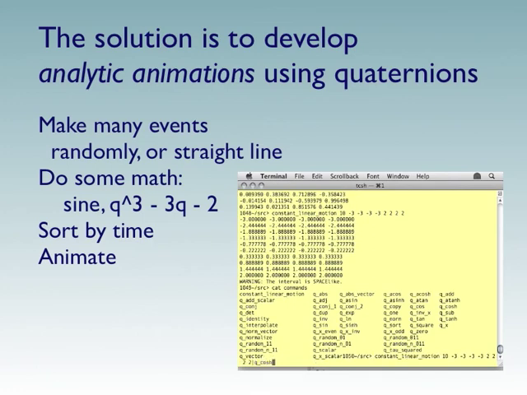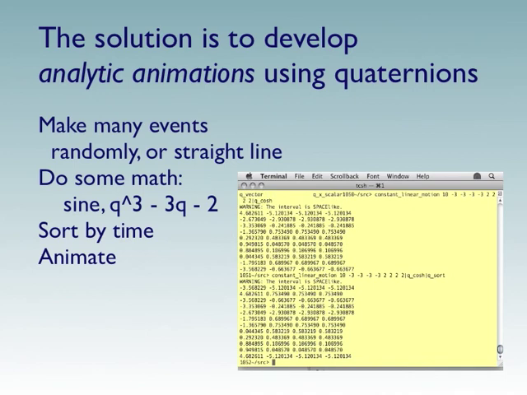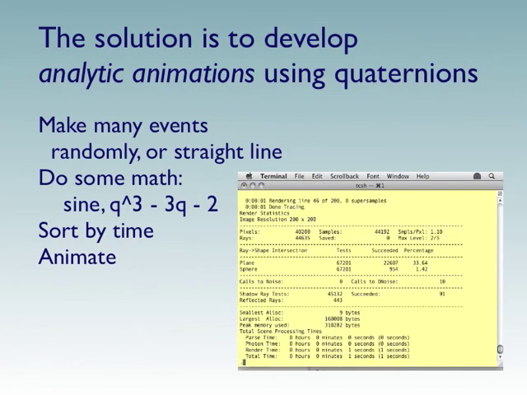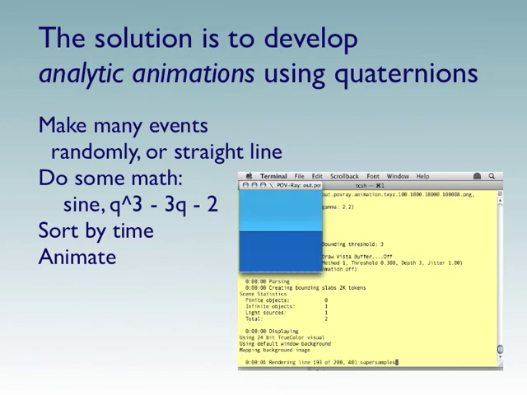So I take this constant linear motion and I put it into a Q hyperbolic cosine. I then take those results and order them in time, and then I take this whole command and I use a program called Q graph, and it's going to make a series of stills for the hyperbolic cosine ordered in time and then printed out in space.